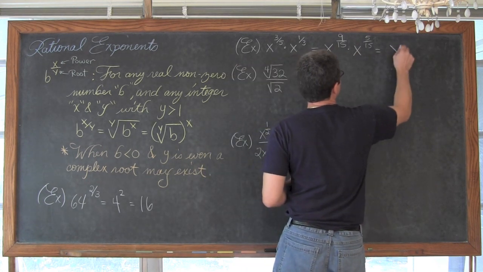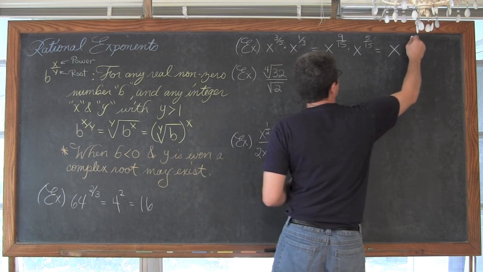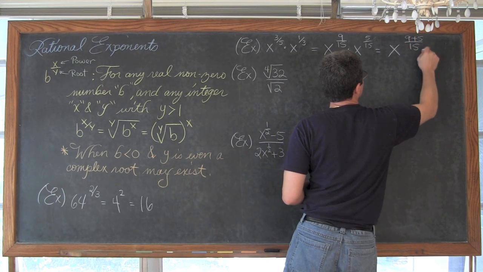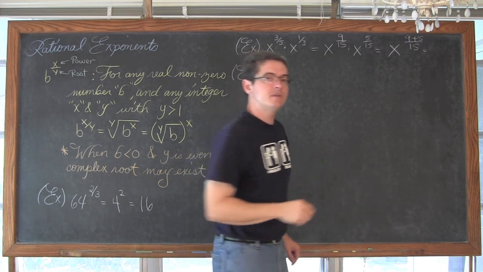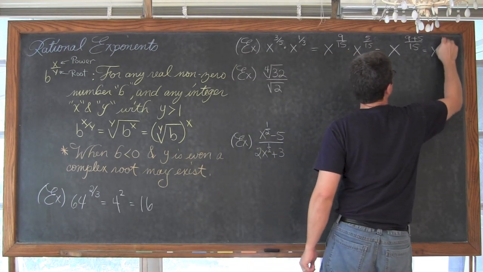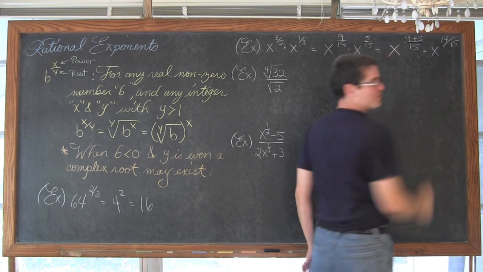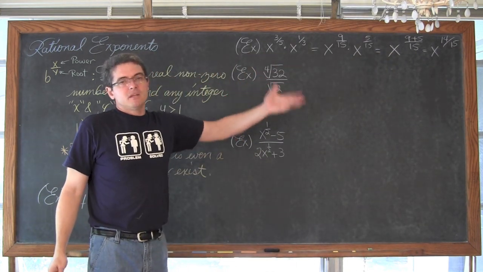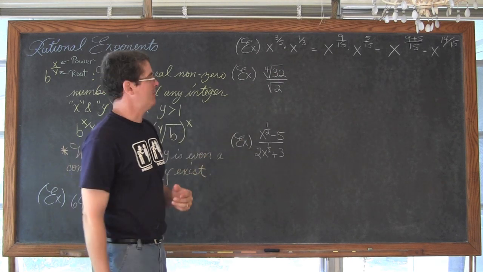So that base is going to get copied again, and we have 9 plus 5 over the common denominator of 15. So we have x to the 14 over 15. And there's nothing to simplify there, so we're just going to leave it that way.